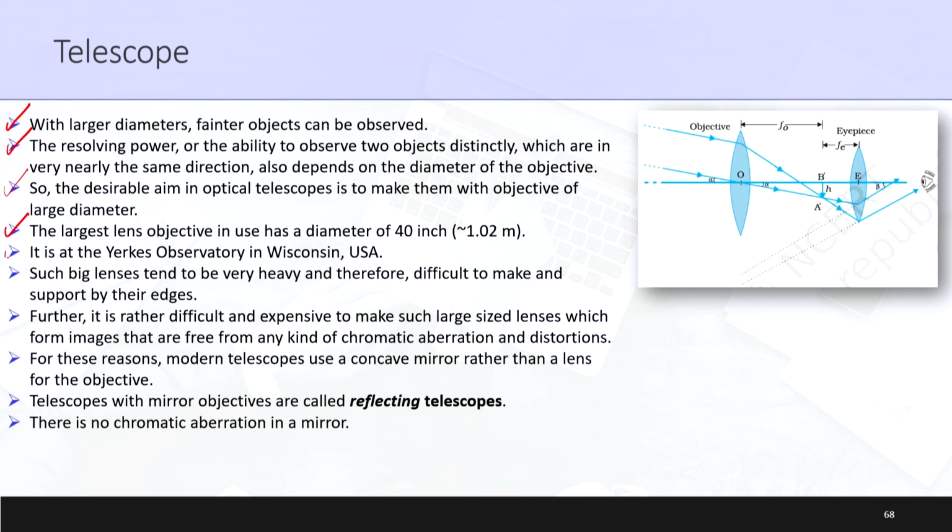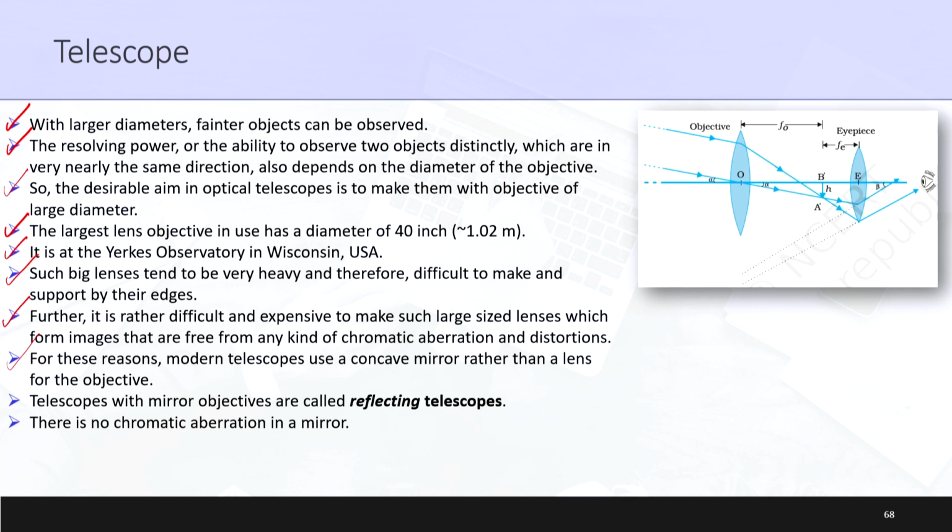Such big lenses tend to be very heavy, quite evident as the diameter is very high, and therefore difficult to make and support by their edges. Further, it is rather difficult and expensive to make such large lenses which form images that are free from any kind of chromatic aberrations and distortions. Fine. For these reasons, modern telescopes use a concave mirror rather than a lens for the objective.